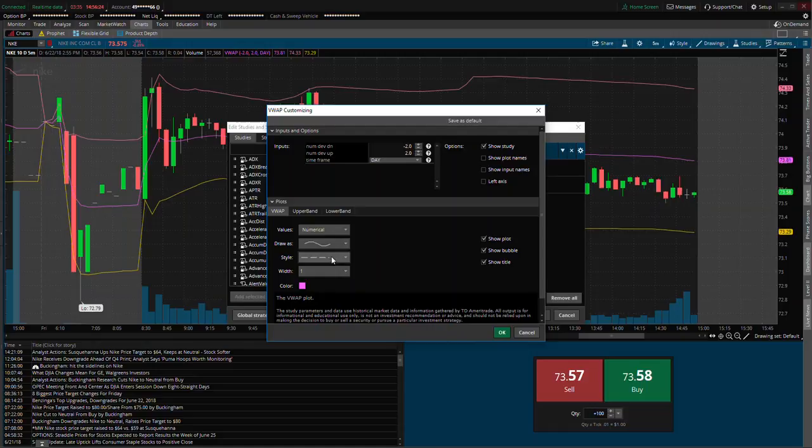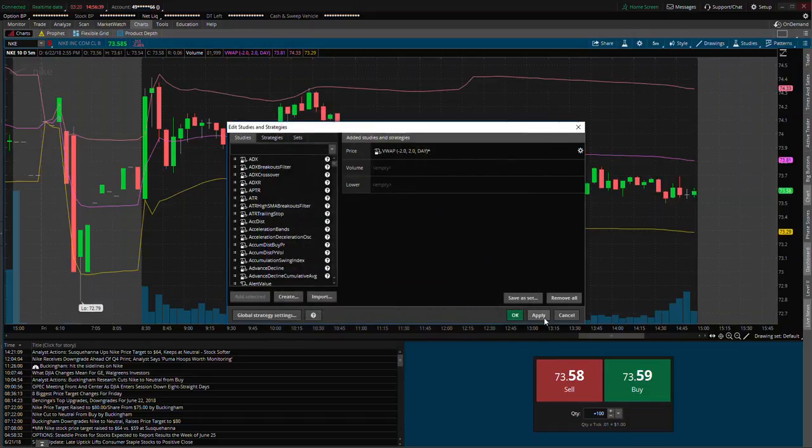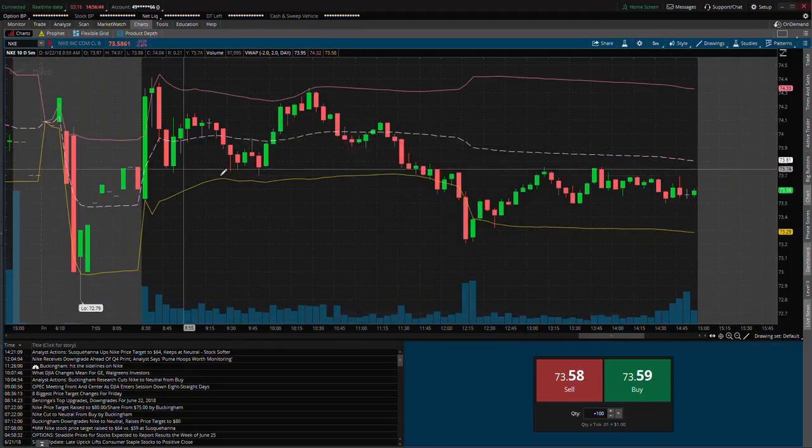That way it just looks different than the rest of my EMA lines. And because I don't have any other lines that are white, that's the best color for me to use. So click apply, OK. So now, since I changed that, this is what it looks like.